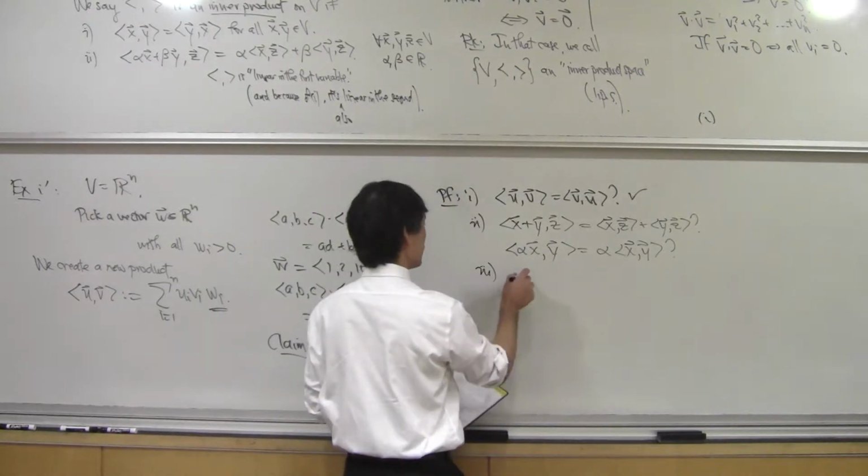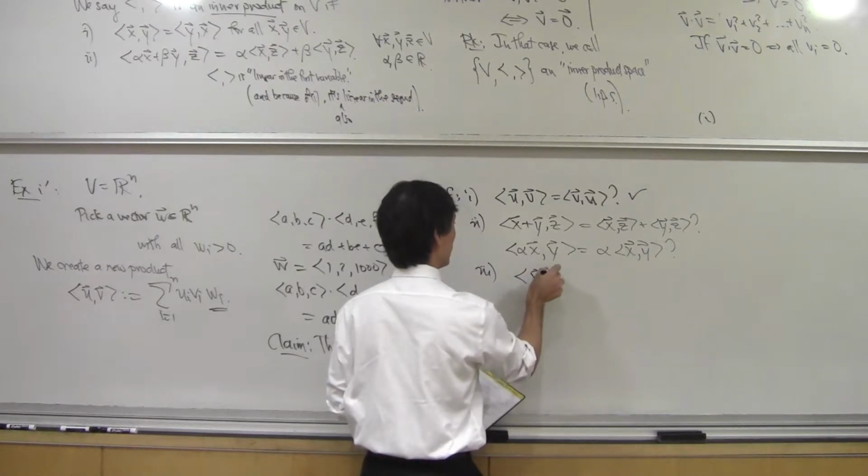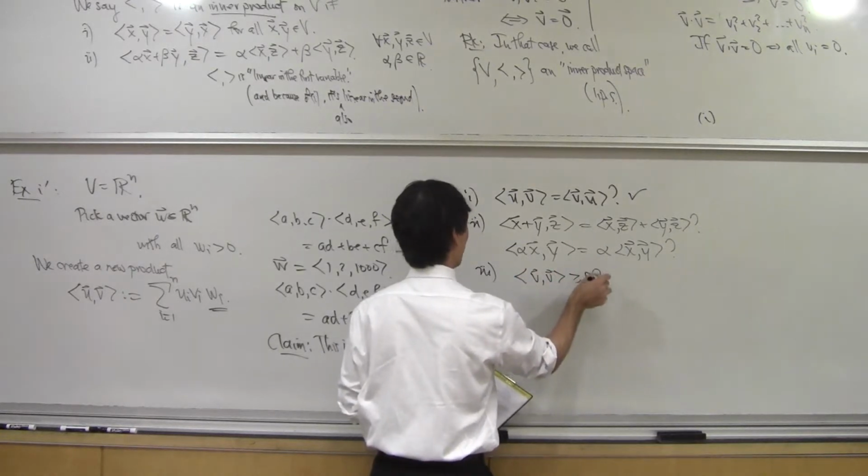Is it true, for example, that the vector against itself is bigger than or equal to 0?